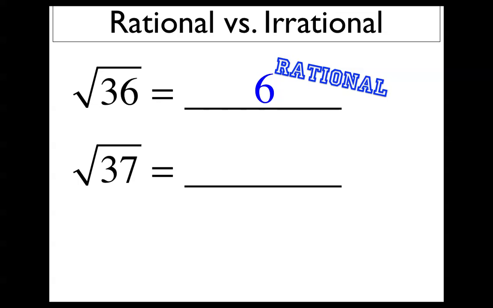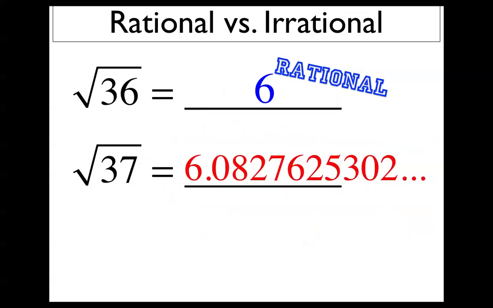So the only way you can find the square root of 37 is to use the square root button on a calculator. If you do that, you get some kind of crazy long decimal that probably takes up the whole screen of your calculator. And it's a bunch of numbers that just kind of go on and on and on.